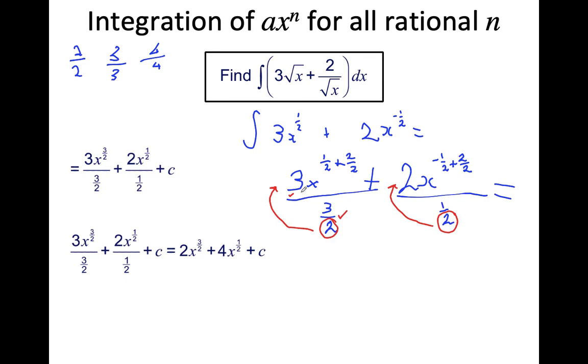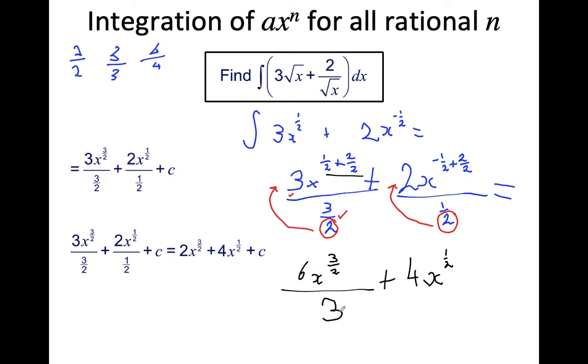So this 2 moves up here, so we do 2 times 3, which is 6. X, we've already worked this out to be 3 over 2. And then we still haven't used the 3 on the original numerator of the denominator. So we write down the 3 here, plus, move the 2 up, 4x to the power of a half. And I don't need to write it over 1 because anything over 1 is just the same.